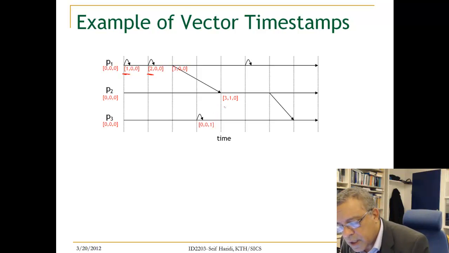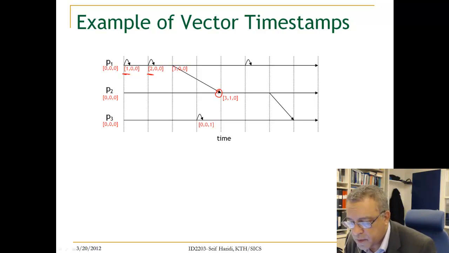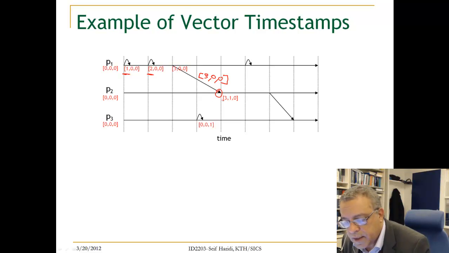And with this message, it is interesting to see what happened to the vector after the delivery of the message. The message has the vector 3, 0, 0. So the new vector at this point will be 3, 1, 0, because one event happened at P2.